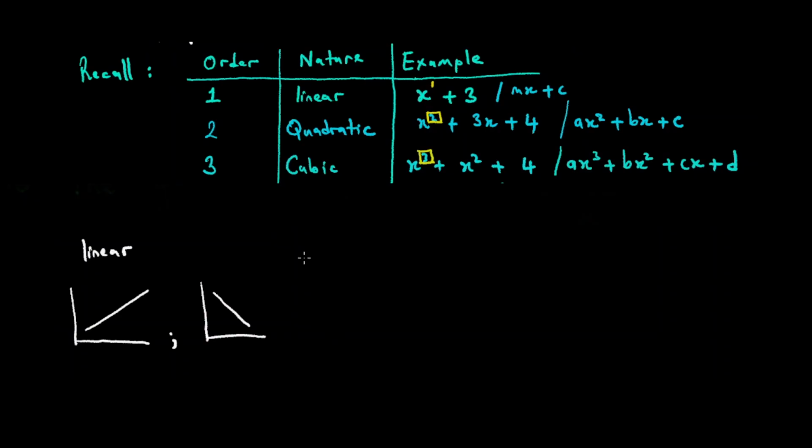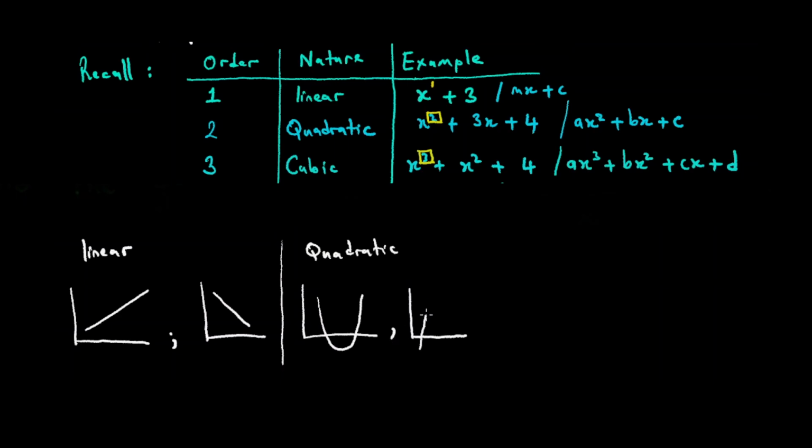Then when we go over to the quadratic, the associated graph is going to be more like this, or it can be like this, in a case where we have a maximum turning point.